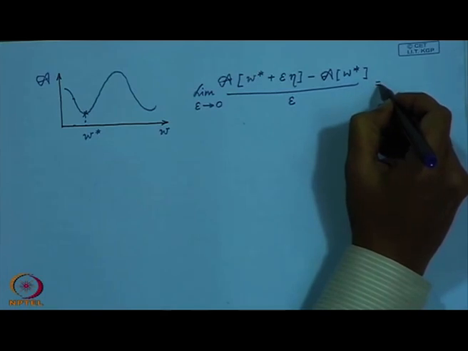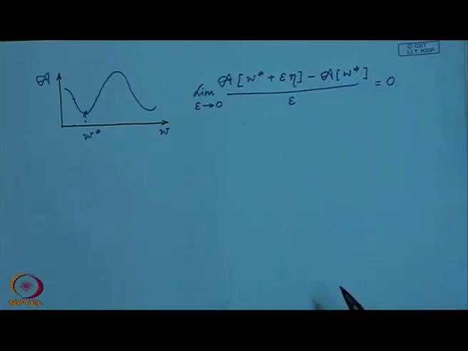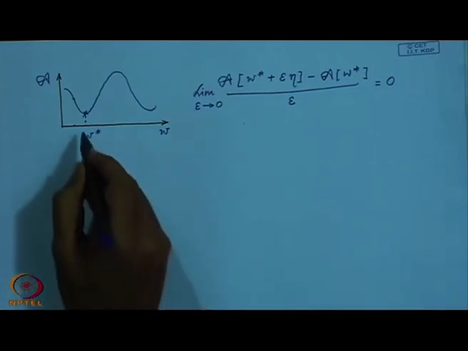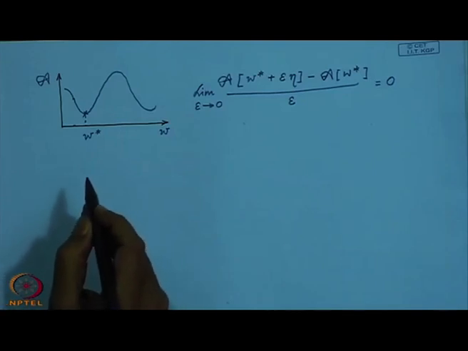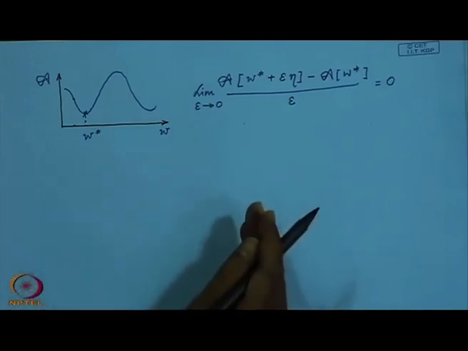And if this turns out to be 0, then I say I have found a path that the string has taken to move from configuration 1 to configuration 2.